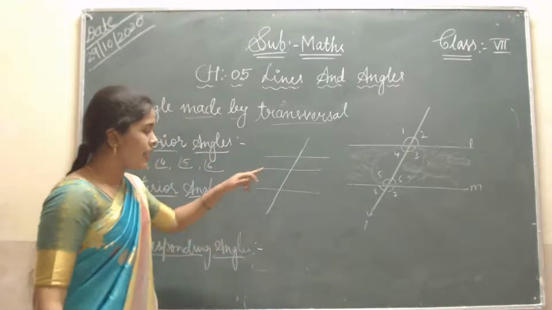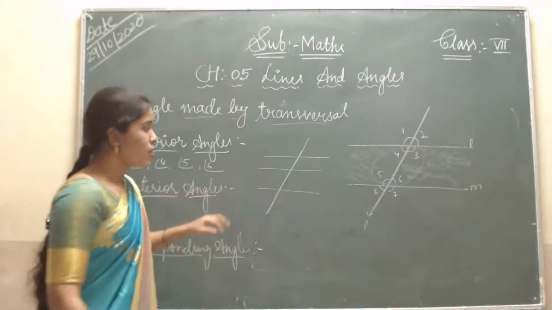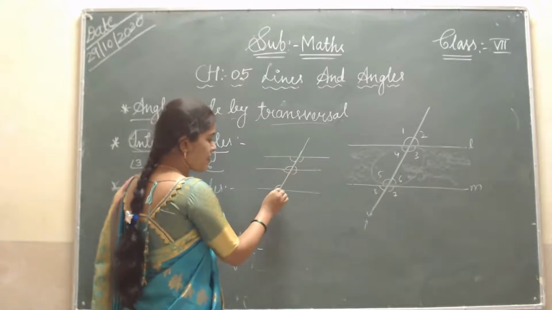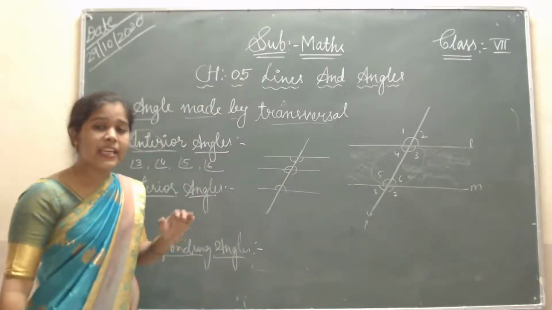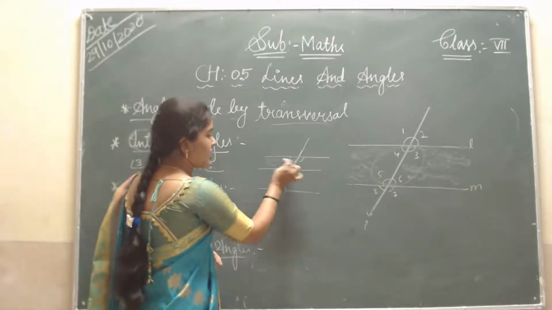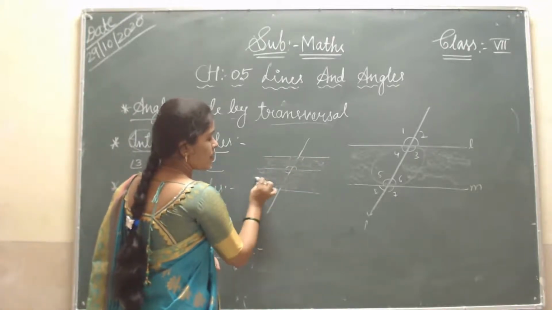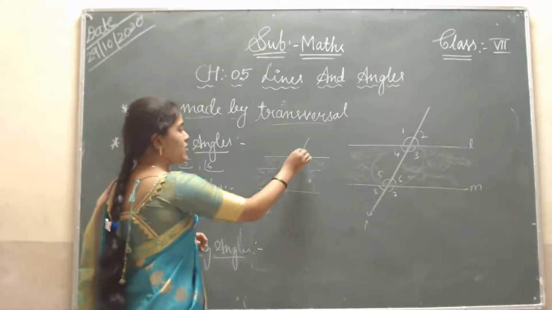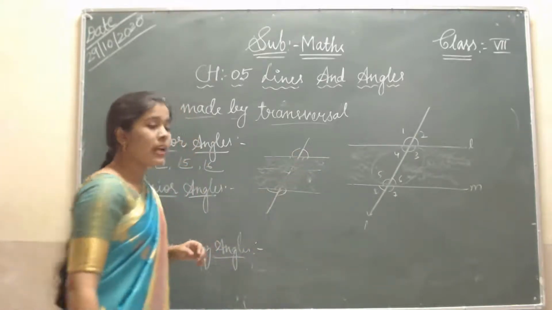Okay, the line is passing through three lines. So in this, 1, 2, 3, 4, 5, 6, 7, 8. There are 8 interior angles in this figure because these are inside the diagram. These angles are inside of this line. These are the exterior, outside of the diagram.